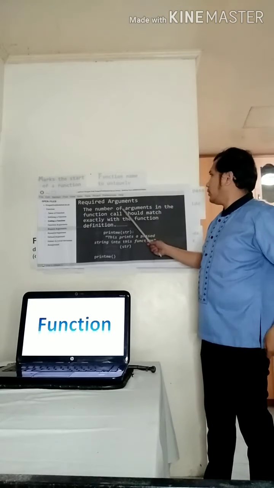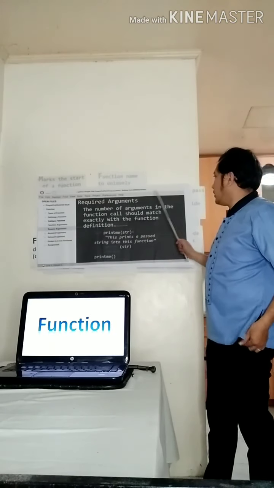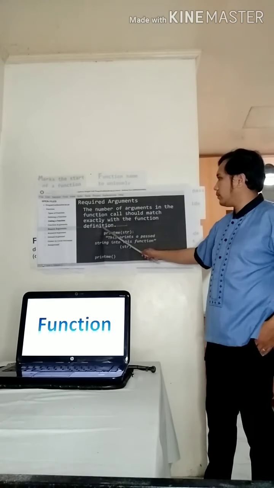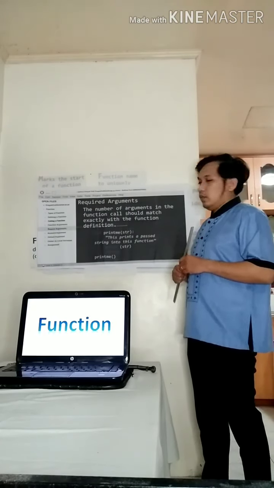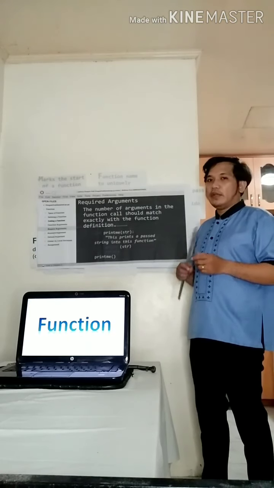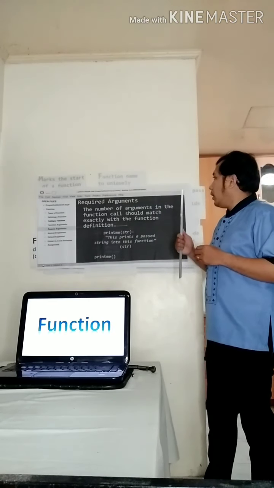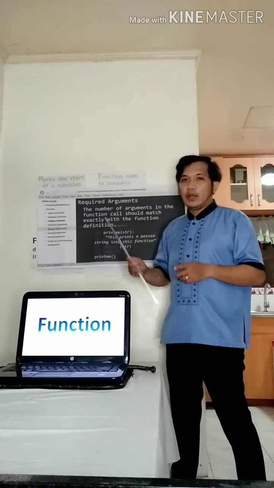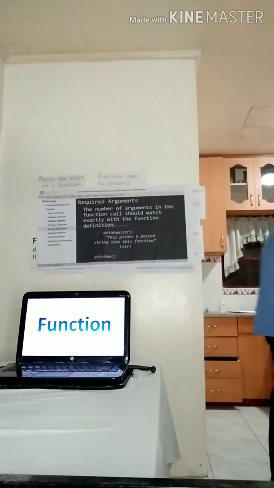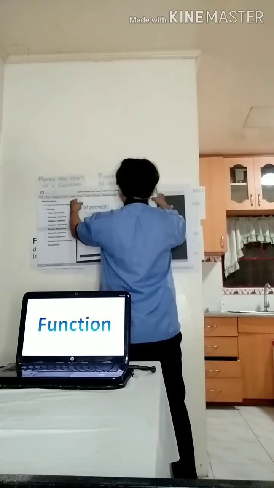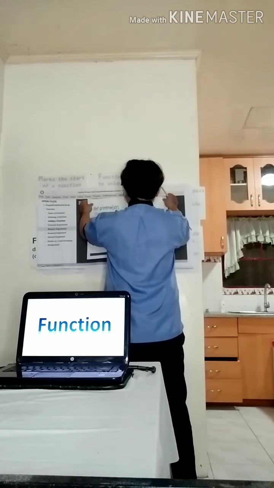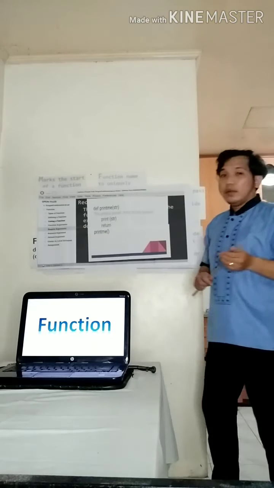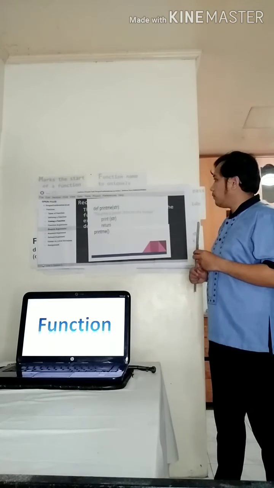Required arguments: the number of arguments in the function call should match exactly with the function definition. Let's have an example of how required arguments work. We have here a simple function.